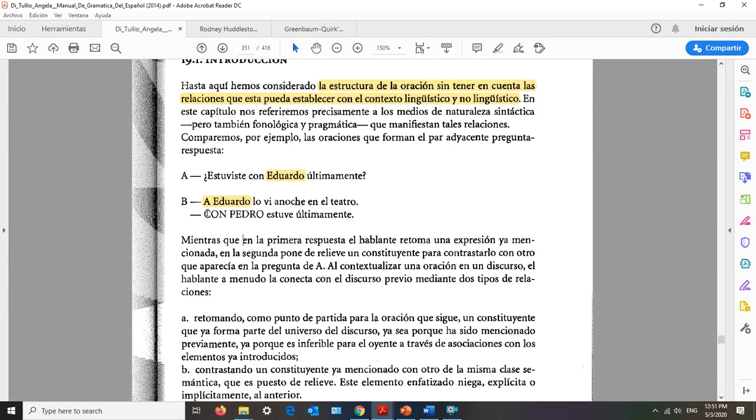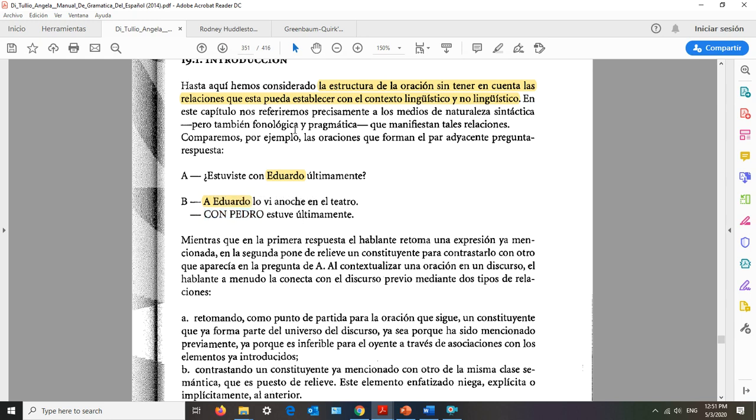Or this alternative, with capital letters signaling a repair and a contrast, because it's not Eduardo, but it's con Pedro, estuve últimamente, right? And these capital letters indicate emphasis, a prosodic feature.